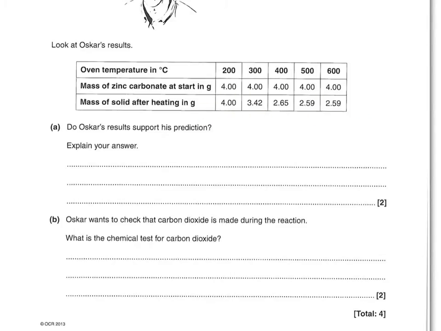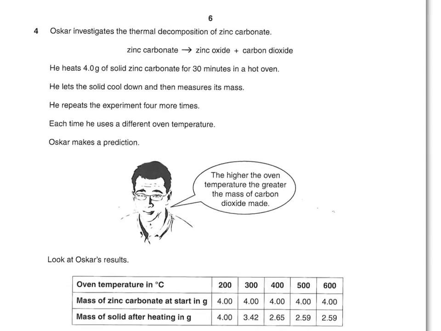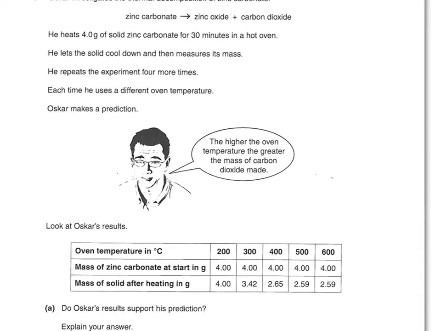And then you need to say why that matters. So the lower the mass of the solid, the more carbon dioxide that must be made, because if you look back at the equation, here's the solid he's starting with, and here's the solid he's going to be ending with. Carbon dioxide is made, so whatever is lost from the solid after heating, that must be carbon dioxide.